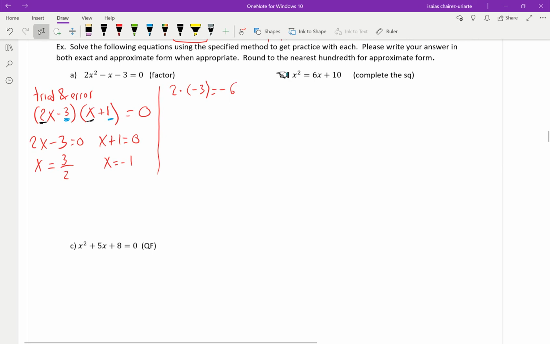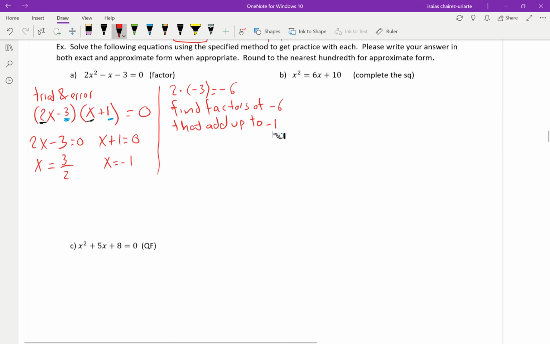And now I have to find factors of negative 6 that add up to negative 1.